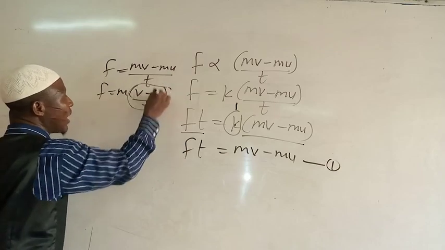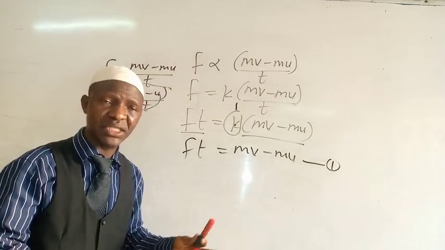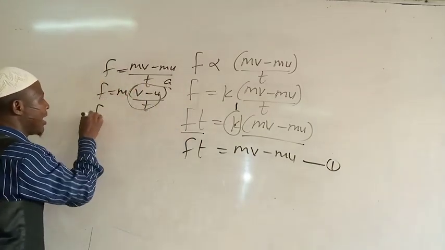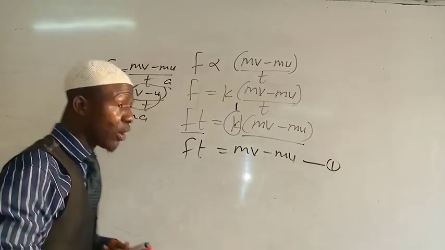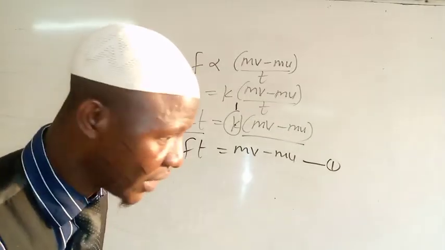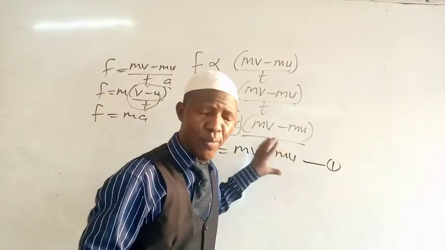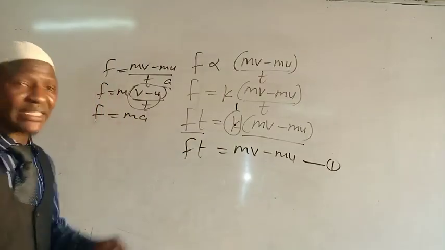And the whole of this is the formula for acceleration. Don't forget, acceleration is what? Change in velocity over time. So this one is a. So automatically our F is equal to ma. Therefore, from the second law of motion, we can prove that impulse is equal to change in momentum or momentum itself, and force is equal to mass times acceleration.